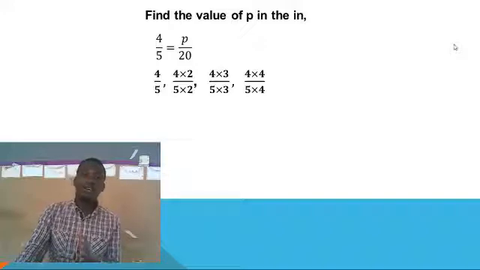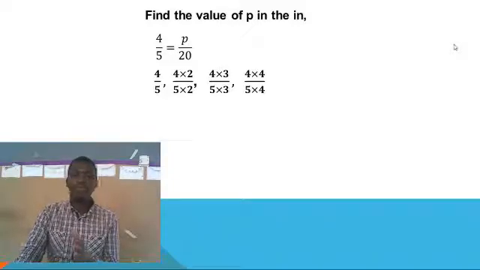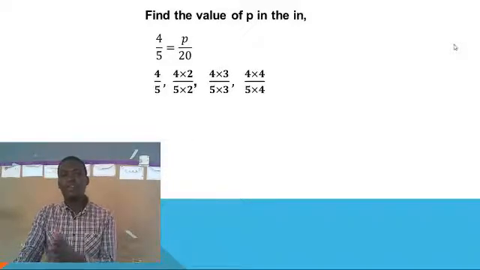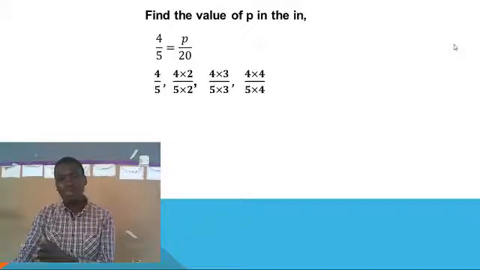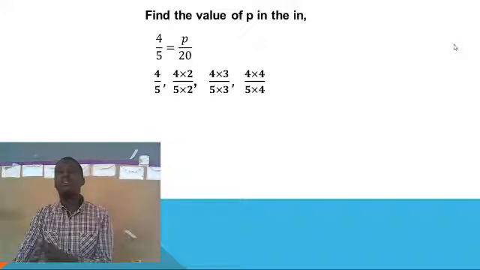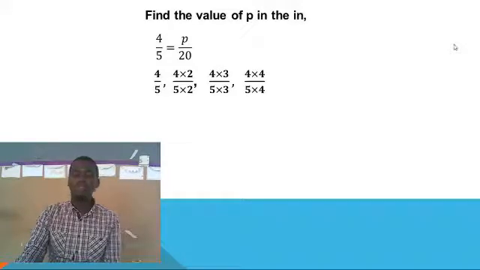You multiply 4 times 2, 5 times 2. The next, 4 times 3, 5 times 3. The next, 4 times 4, 5 times 4. You can continue if you need to, but for me, I'll stop there with the 3 of them. So let's have it.